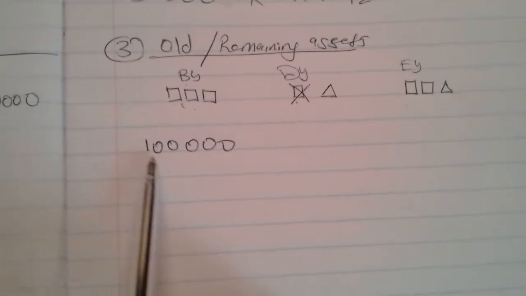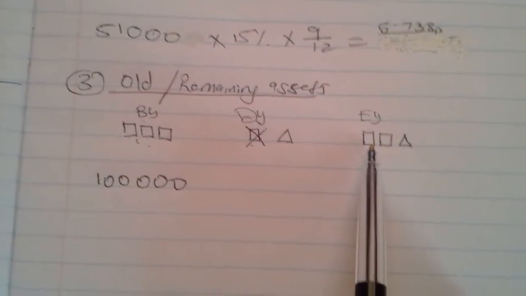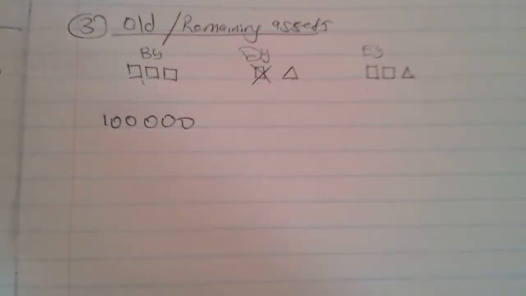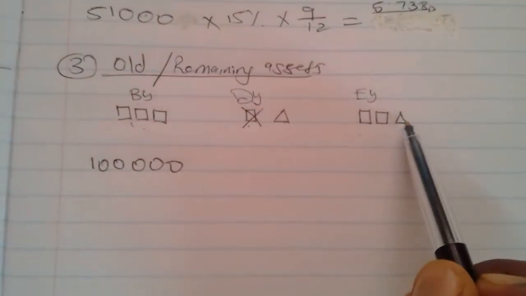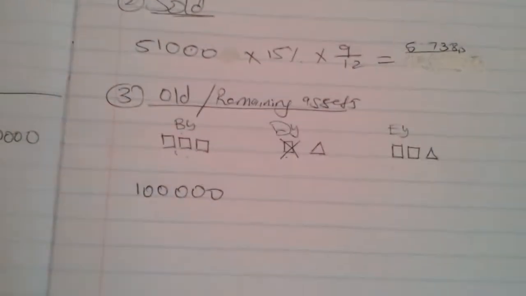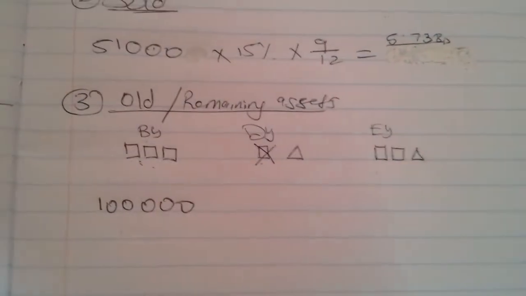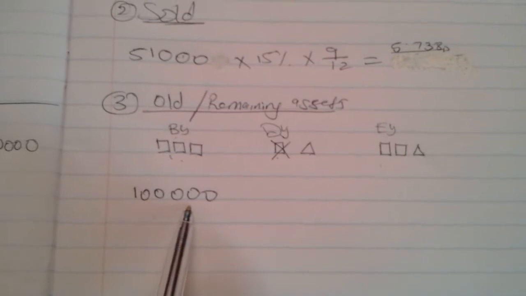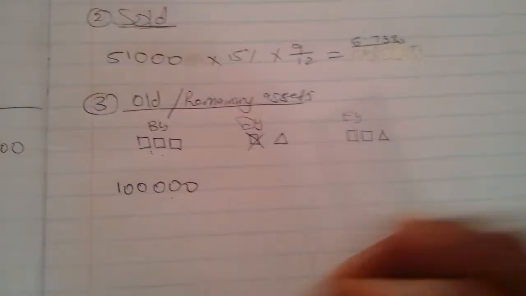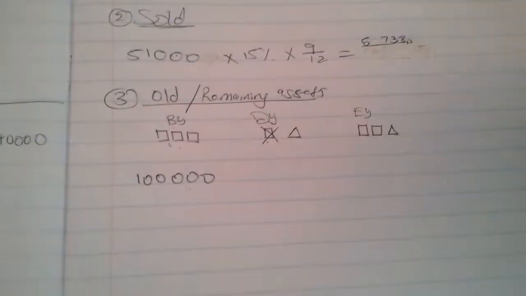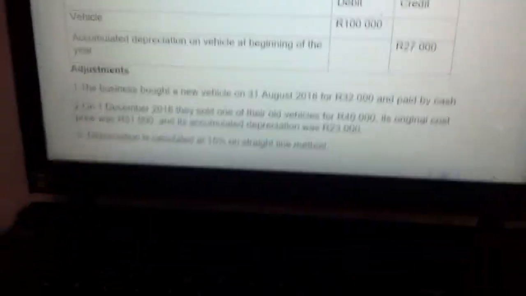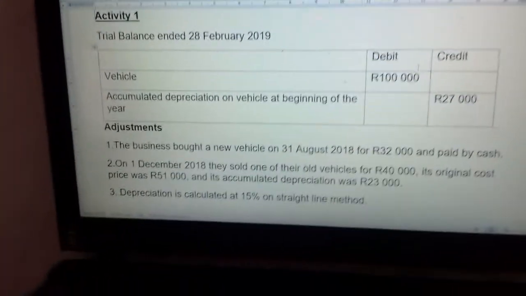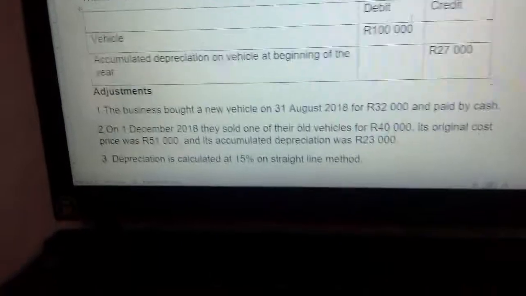When you open the garage, you have the two vehicles from the beginning of the year, and now you have the new asset. This is very important. Everything, after purchasing that asset, they have already recorded. If the question does not say the transaction has not been recorded, it means automatically they have recorded that asset.